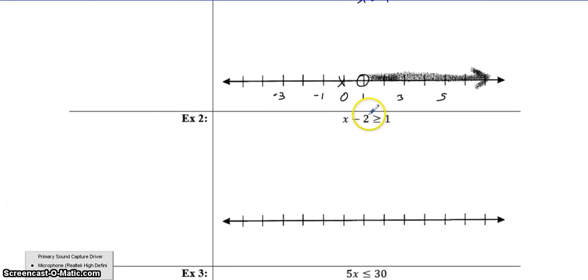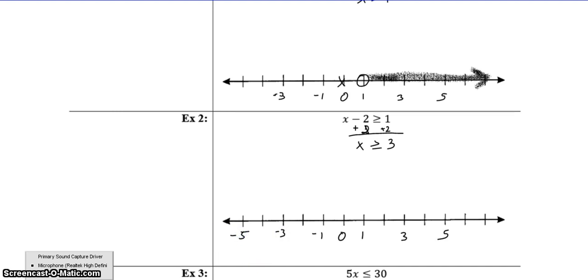Solve that inequality the exact same way we would. How do I get rid of the -2? Now, do you have to use the odds?